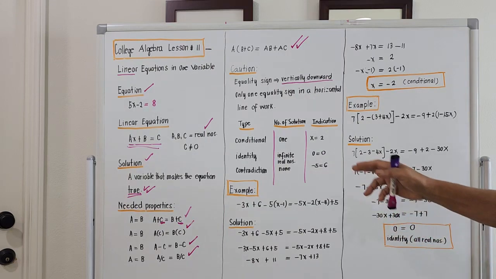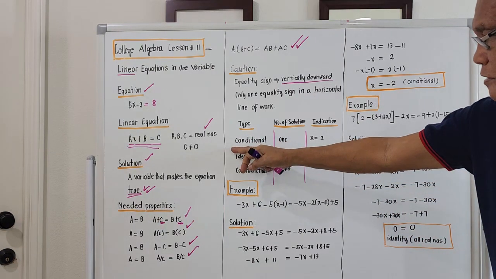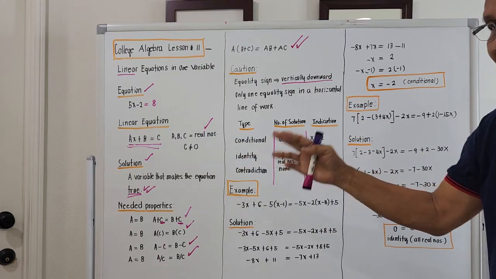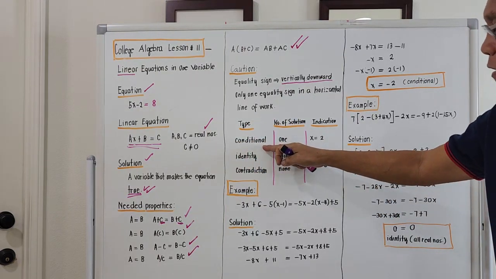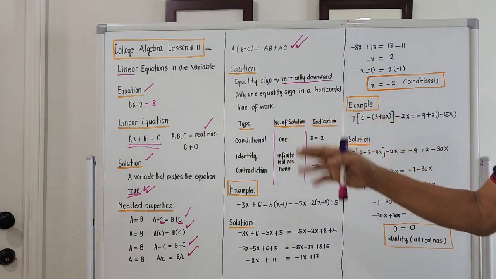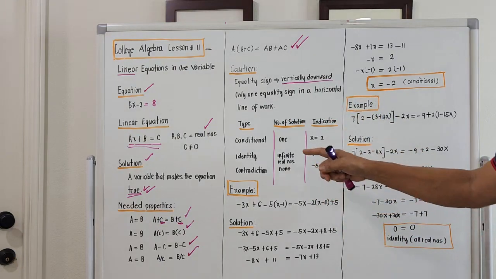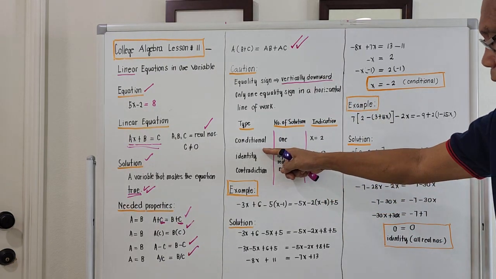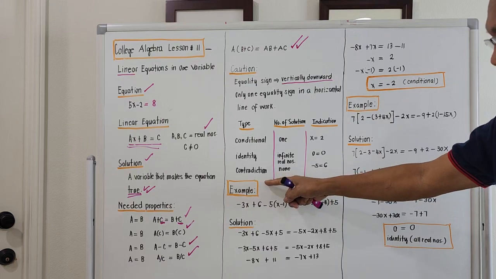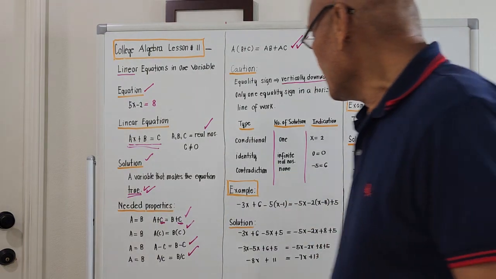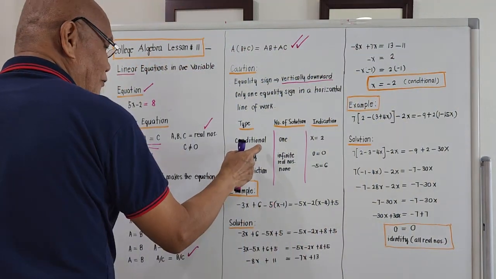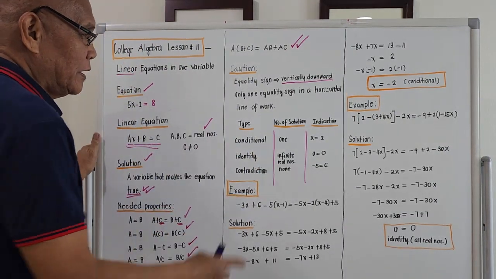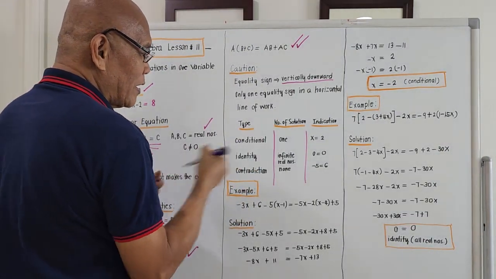We will only be concentrating on the conditional type because this is the one we need in real life. But I will try to bring out also the other 2, that is the identity linear equation and the contradiction linear equation. Under the conditional type of linear equation, the number of solutions will only be 1.